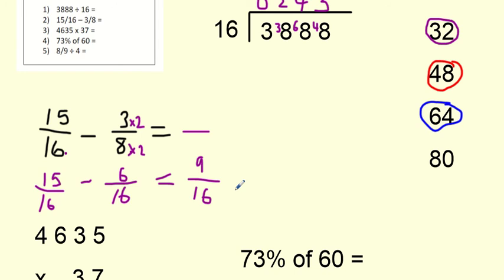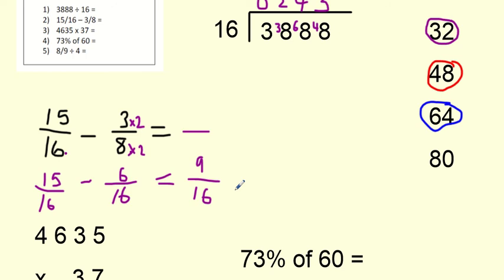Is there a number that divides into 9 and 16 equally? Well, 2, no. 3, well, 9 divided by 3 is 3, so that divides equally, but 16 doesn't divide by 3. 4, do they both divide by 4?